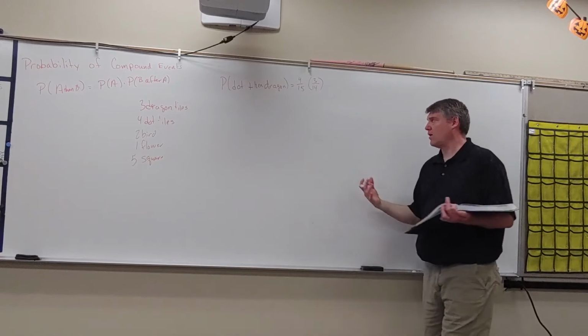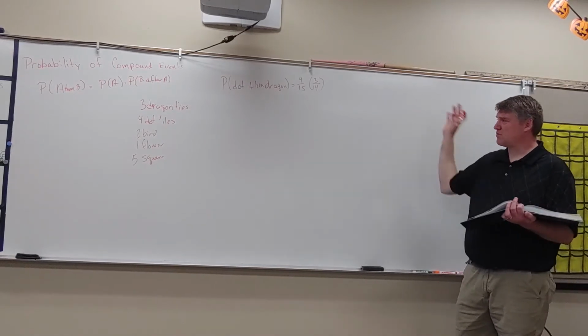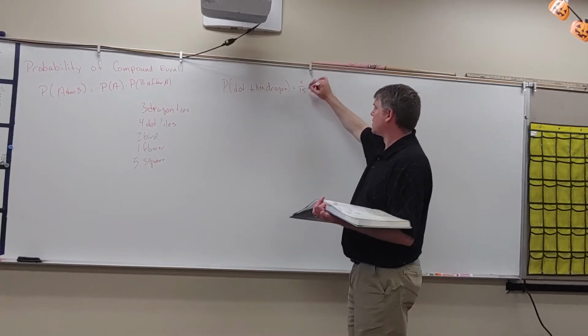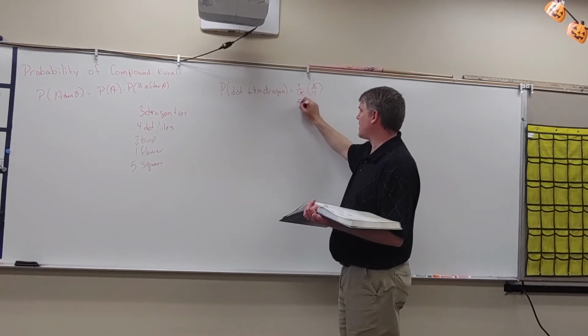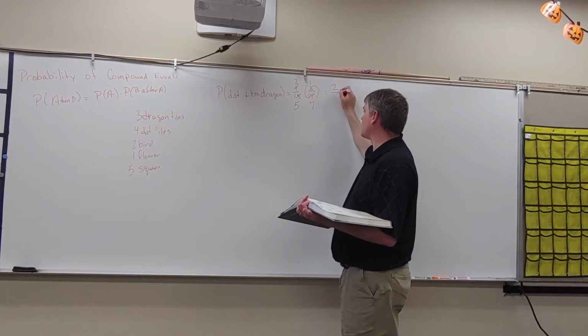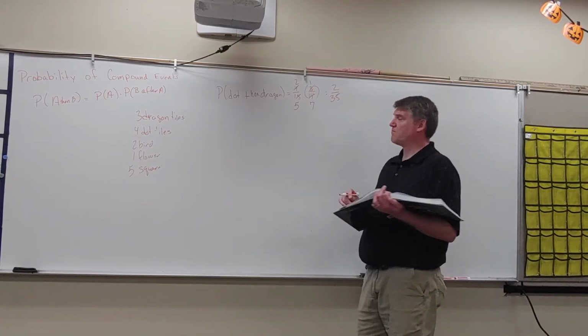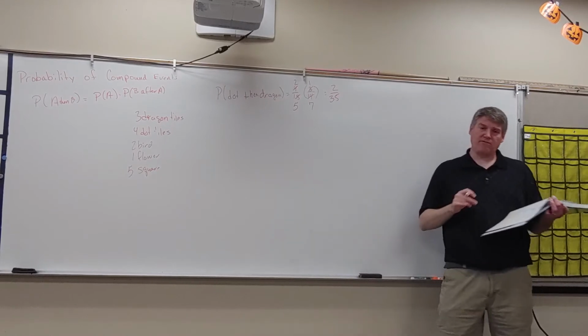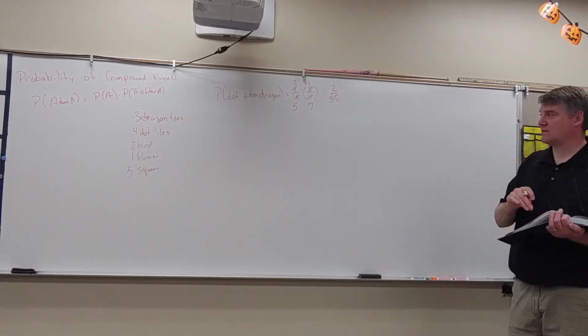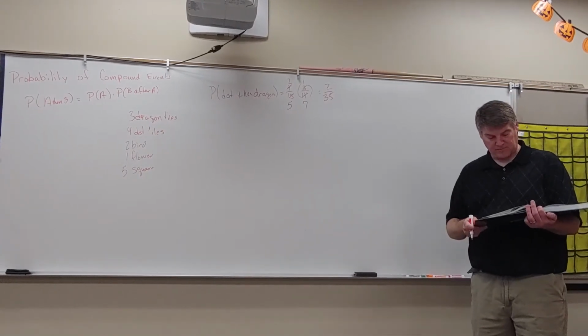All right. Now, I'm going to do some simplifying. You could multiply this all the way across and then simplify at the end. So I'm going to simplify here. That goes in there 5 times. 2 goes in here. 7. So this gives me 2 out of 35. So 2 out of every 35 trials, I would expect to pull a dot and then a dragon, okay?